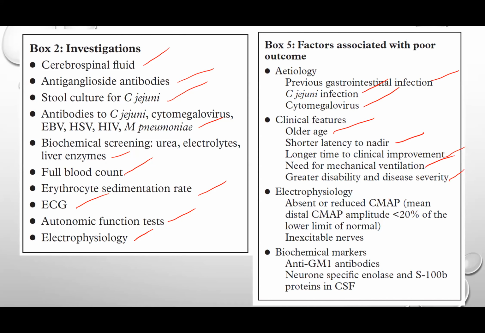Electrophysiologically, if CMAPs are absent, the motor component, naturally they have a poor prognosis. Or if nerves are inexcitable altogether, that is even worse. Biochemically, those who have the antibodies definitely have a poor prognosis. This table is excellent in terms of predicting the prognosis.